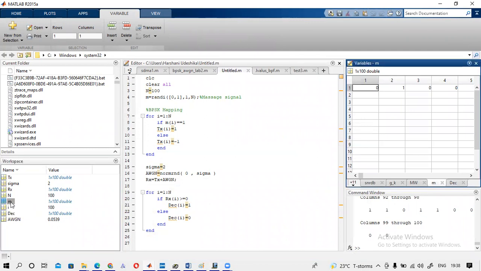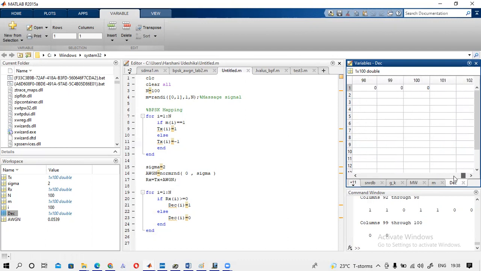So I have to compare them. The message signal is 0 1 0 0, and the decoded signal is also 0 1 0 0, but maybe in other positions 1 or 2 bits may be changed.